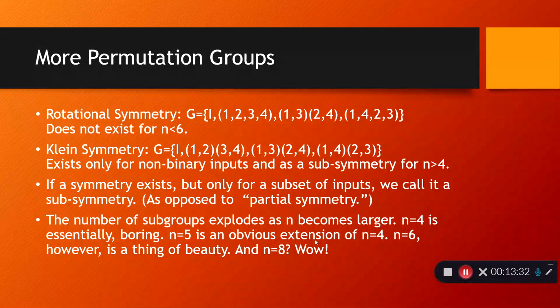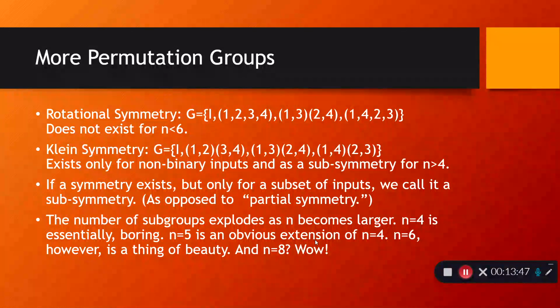If a symmetry exists, but only for a subset of inputs, we'll call it a subsymmetry. When I first started publishing papers in this area, I tried to redefine the term partial symmetry.